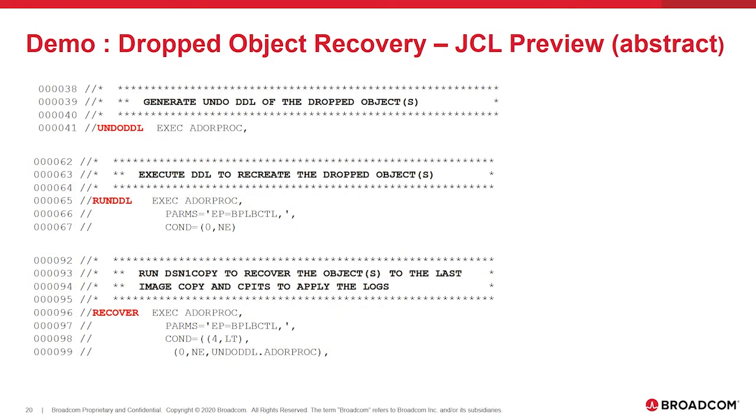You can see the different steps. The first step, undo DDL, will generate undo DDL of the dropped objects. The next step, run DDL, will execute DDL to recreate the dropped object. The recover step will run a DB2 recover to restore the object to the latest image copy and apply the log.